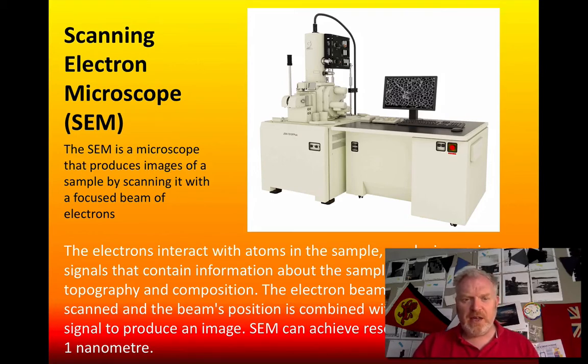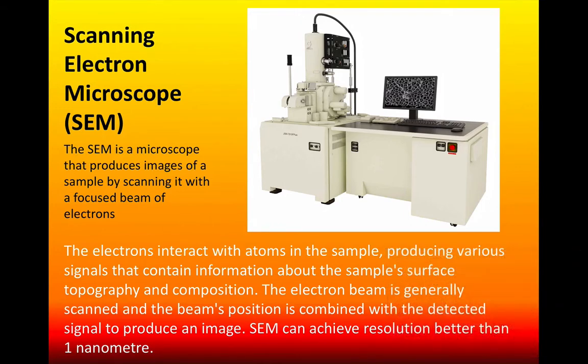The reflection of these beams then is detected, and that signal is used to make an image, a photograph of what can be seen. And we can see some incredibly fine detail within all sorts of geological structures. Better than a nanometer. That's a billionth of a meter. So we can see really in detail what these things might be.